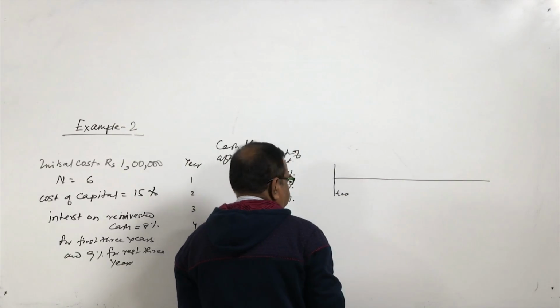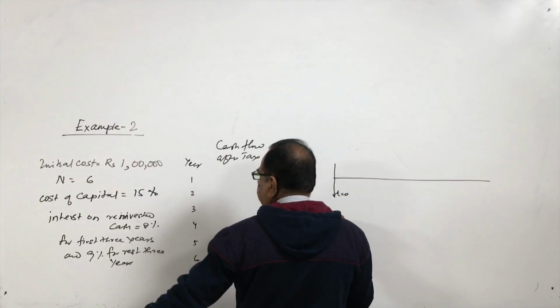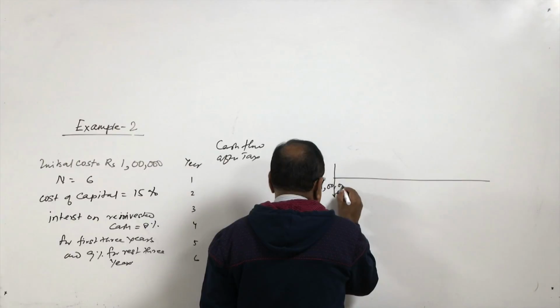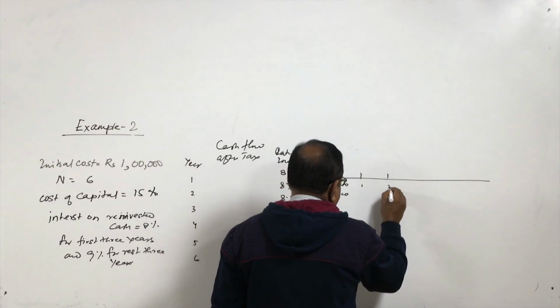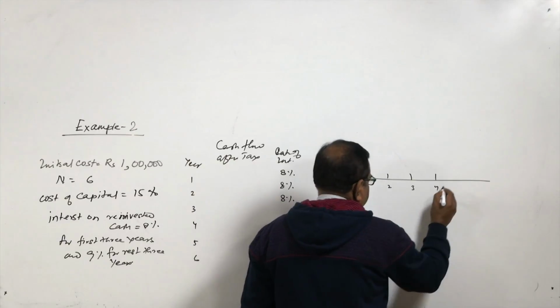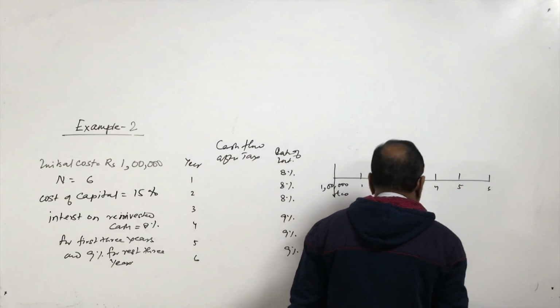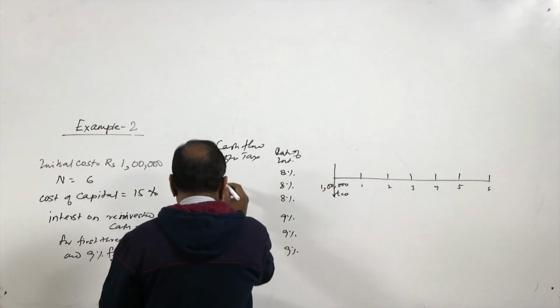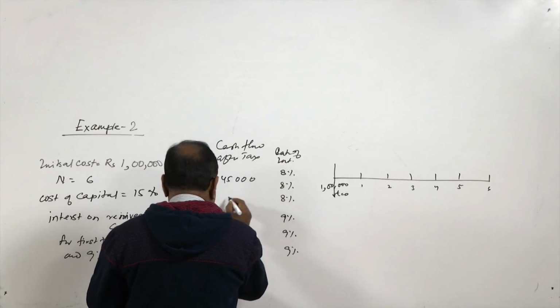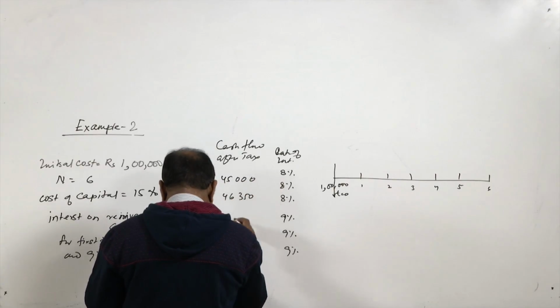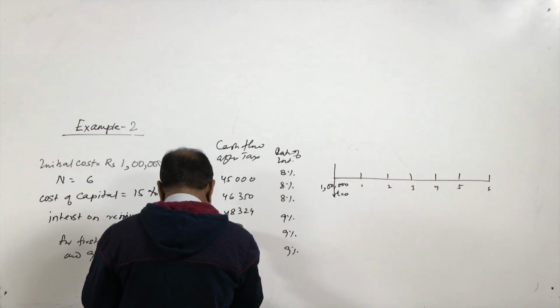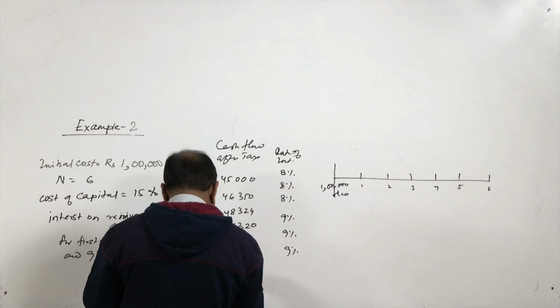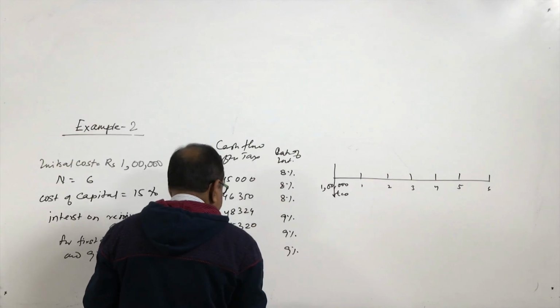At t equal to 0, I am sinking some amount, here in this case 1 lakh, and then each year I am getting some value, like here 45,000, 46,350, 48,324, 45,320, 42,356, 40,234.